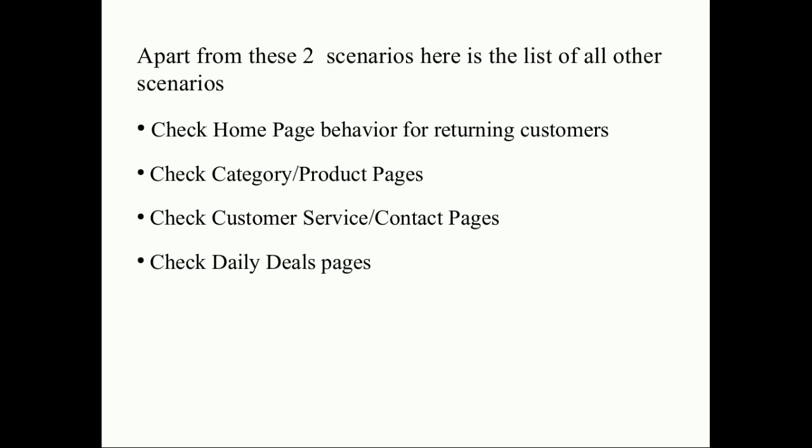Other test scenarios may be: check home page behavior for returning customers, check category and product pages, check customer services and contact pages, check daily deals pages. For all these scenarios we can design a number of test cases and check them out.